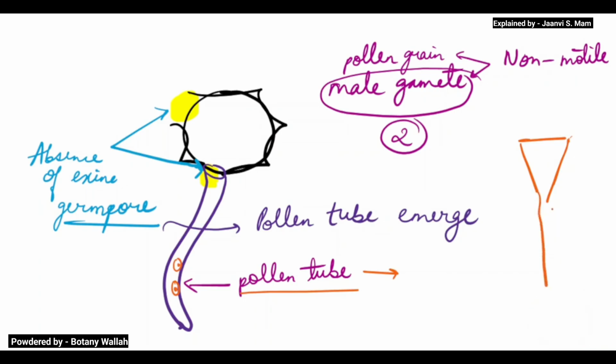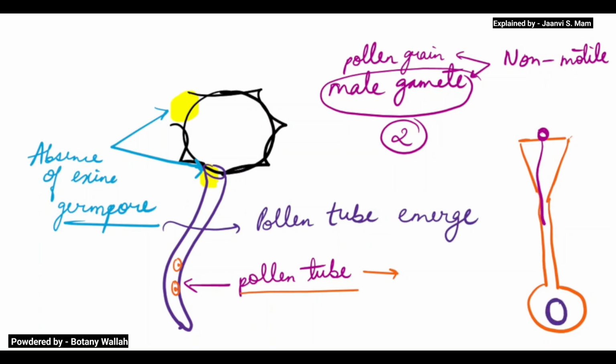Okay, I'm drawing a proper diagram. See, if here pollen lands, here there will be a formation of pollen tube, and inside here you will be having ovule.